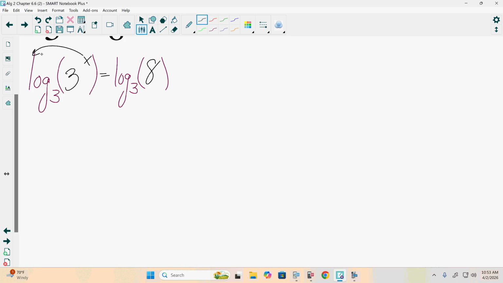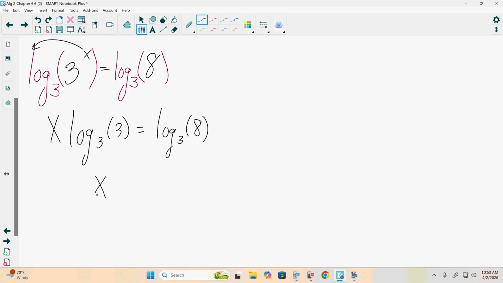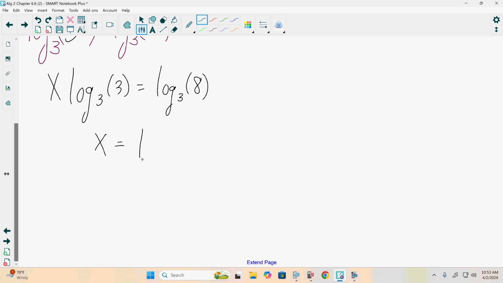The x is going to move to the front, telling me I have x times log base 3 of 3 is equal to log base 3 of 8. But log base 3 of 3 is what? 1. Really telling me I have 1 times x, or just x, is equal to log base 3 of 8.